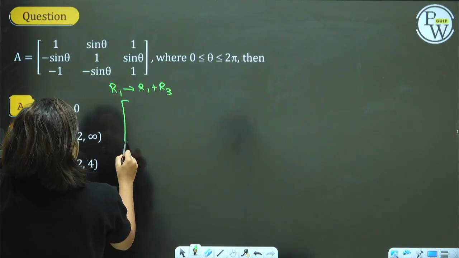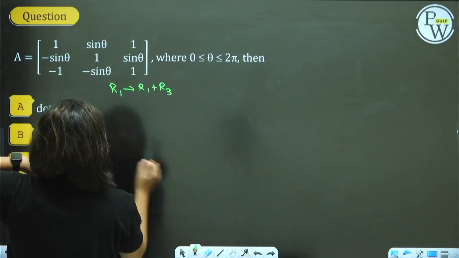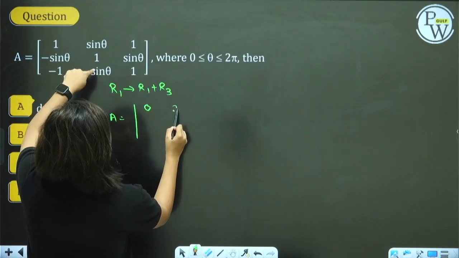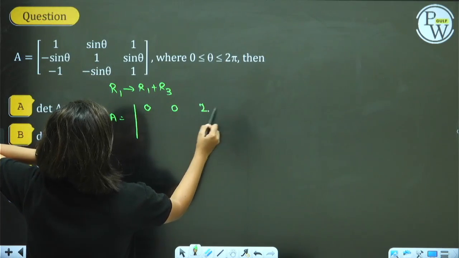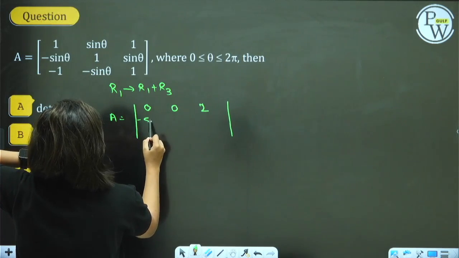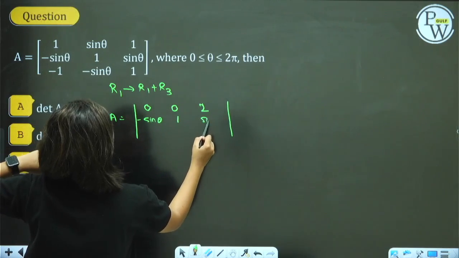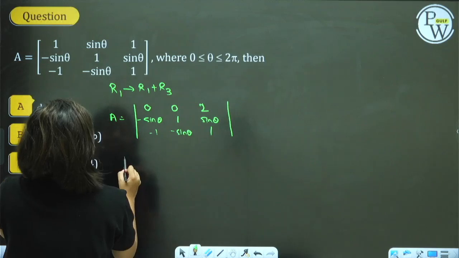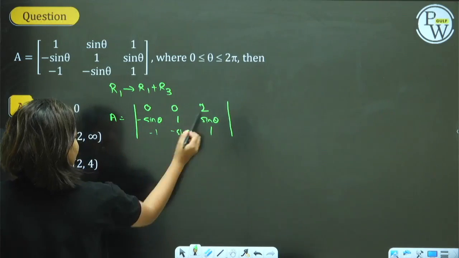That will simplify. 1 minus 1 is 0, sin theta minus 1 plus 1 is 2. Rest everything is same. Minus sin theta, 1 plus sin theta, minus 1, minus sine theta and plus 1.